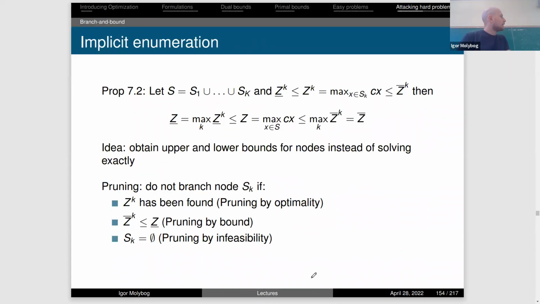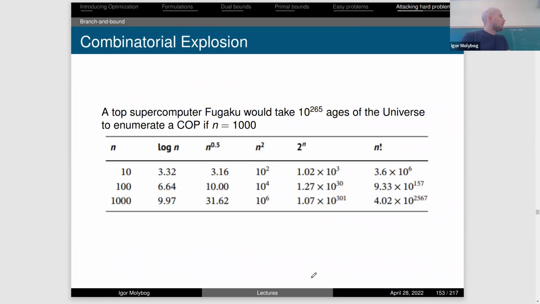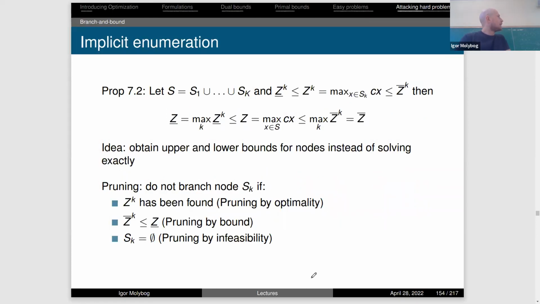We have learned that just branching, even though it solves the problem, is normally extremely difficult and takes an extremely long time. Therefore, we have added the idea of bounding to the idea of branching.